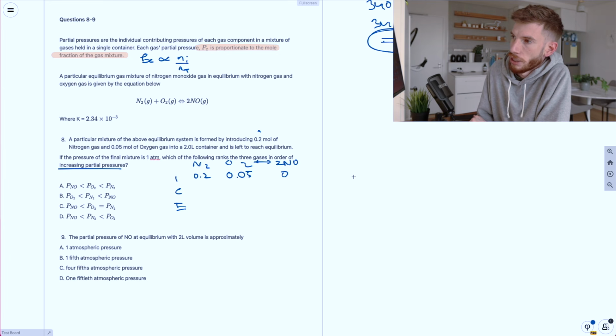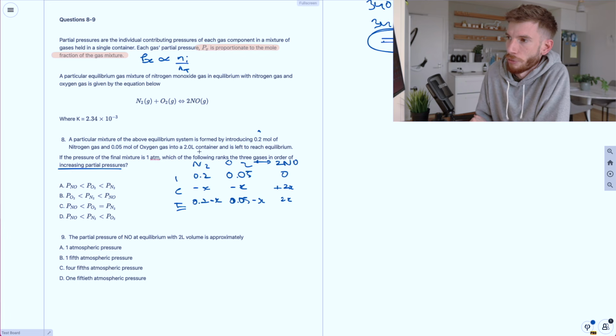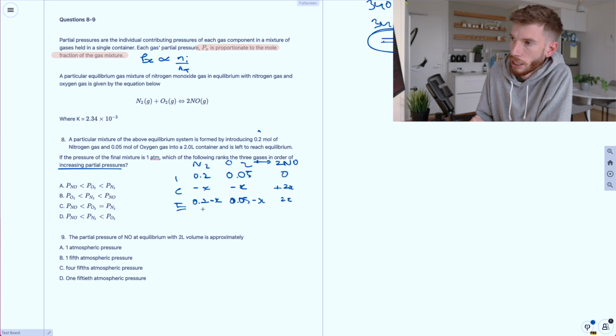This is going to lose x amount, this is going to lose x amount, this is going to gain 2x, and then the equilibrium will be 0.2 minus x, 0.05 minus x, and 2x. Keep in mind these are moles, so we've got to divide them by their volume, because you can only put concentrations into the K equation. So divide by 2, divide by 2, divide by 2.